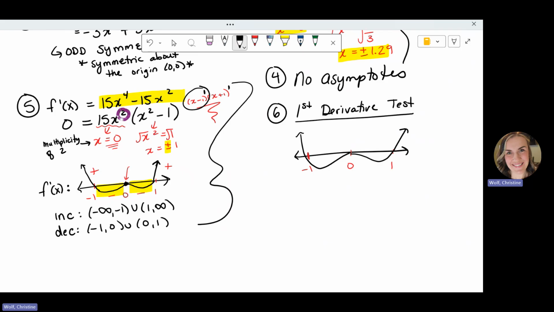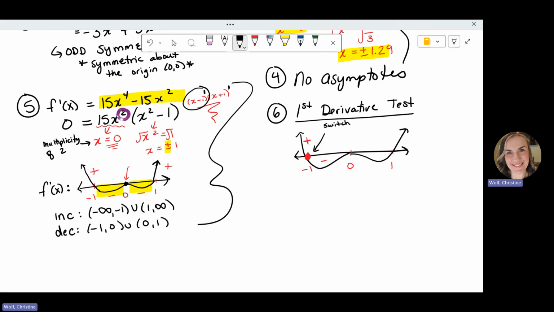Okay, so if you recall, the way we figure out max and mins using the first derivative test is looking at where I switch from positive to negative or negative to positive. So again, here I am positive, and then at that point right there, I switch to negative. So you may remember me drawing a little arrow to that point and writing switch or something like that.